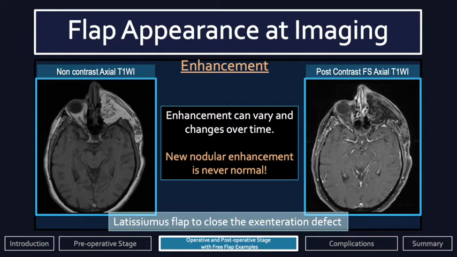Post-contrast enhancement in a flap should be similar to the adjacent muscle in the myocutaneous flaps. However, if the flap got radiated, you will sometimes see increased enhancement and increased T2 signal. The muscle should be iso-intense to other muscle that has not been rotated or translocated into the surgical defect.